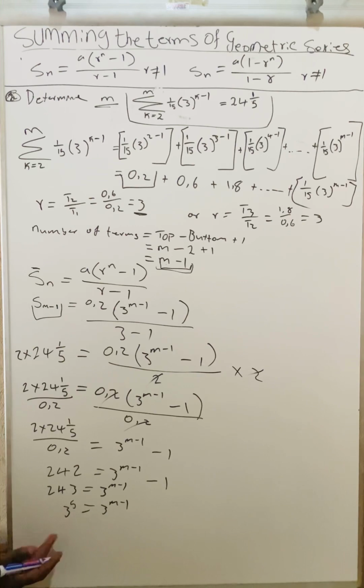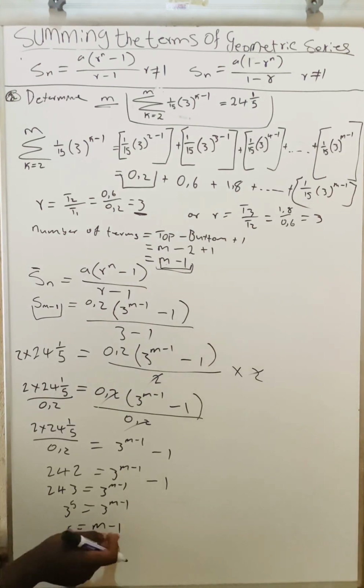Then you see the bases are the same, we equate the exponents. You have 5 is equal to m minus 1. Then you take this one to the other side, it will be positive. Then you will have 5 plus 1 is equal to m. Therefore, m is equal to 6.